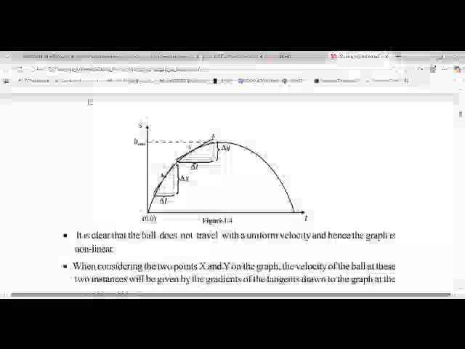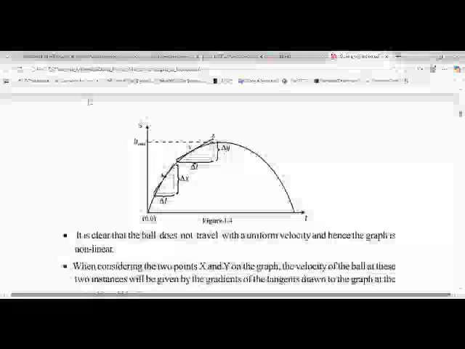It's all things I have taught you, but I want to remind you. Here, displacement time graph. What's the difference of this? It's a curve. If you find a curve, how do you find the details of this graph? In the previous case, you have learned gradient represents velocity.